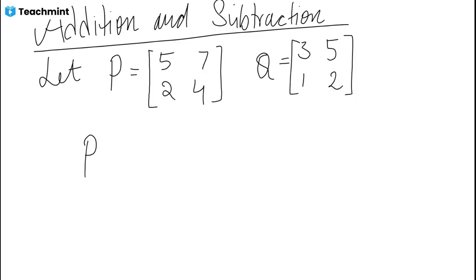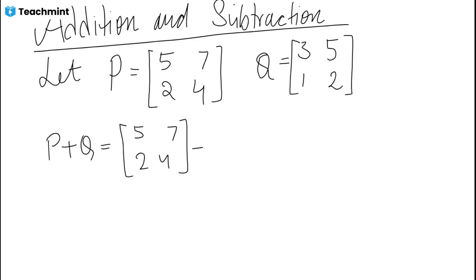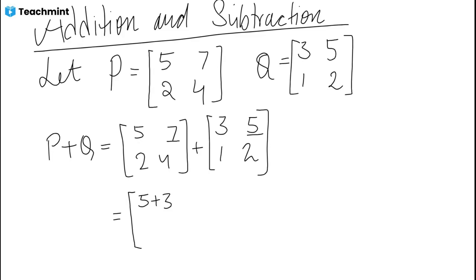So P minus Q, P plus Q. 5, 7, 2, 4 plus 3, 5, 1, 2. We'll add corresponding elements. Corresponding elements means we just add 5 with 3, 7 with 5, and 2 with 1, meaning elements of the same place in both matrices, and 4 with 2.